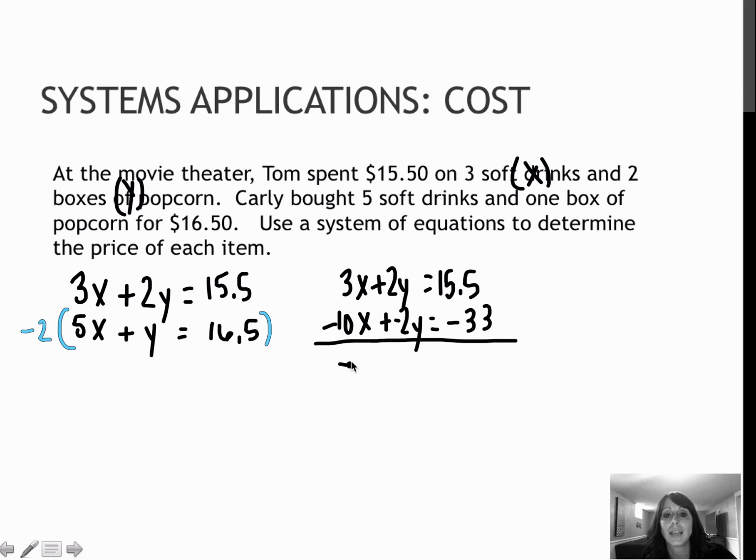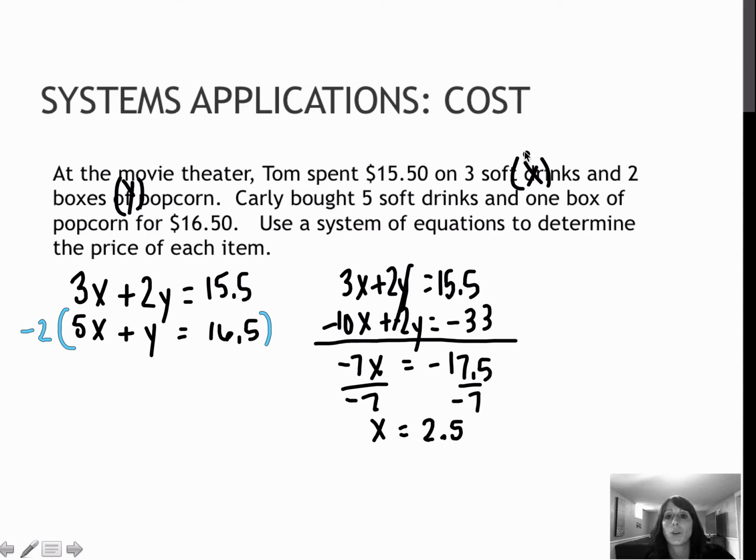When I add these together, I get -7x equals -17.5. And when I divide, I get x equals 2.5.